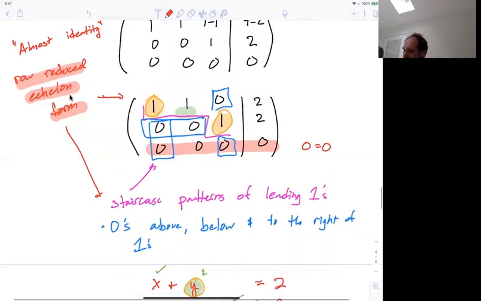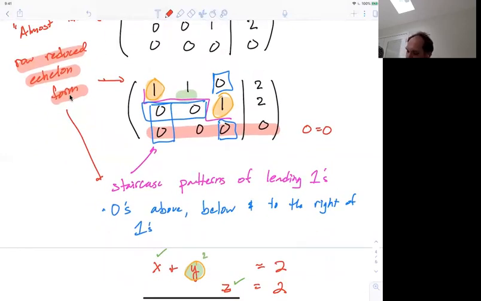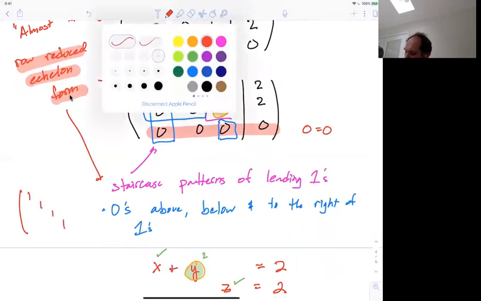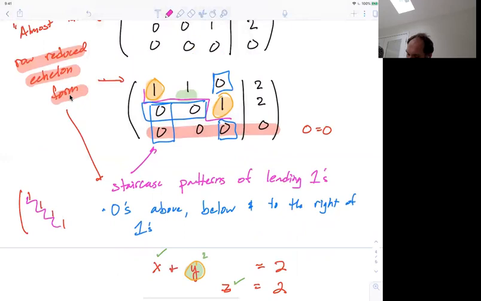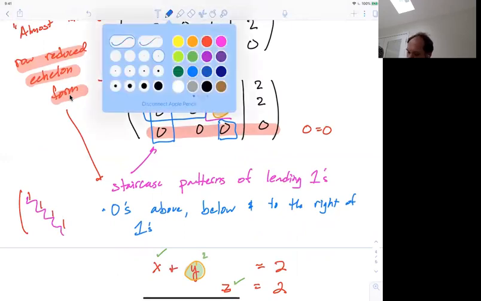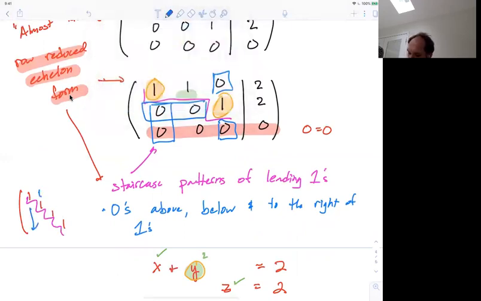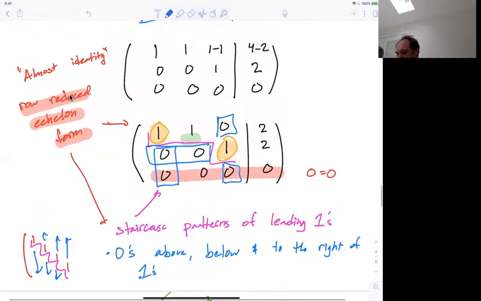So keep in mind, the identity matrix satisfies all of these conditions. It has leading ones, it has a staircase pattern of ones, and it has zeros below and above all those leading ones. So the identity matrix is like the perfect reduced echelon form. But if you can't get it, the next best thing is row reduced echelon form.